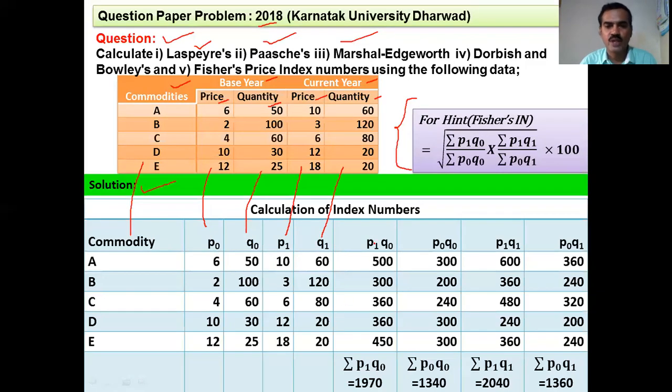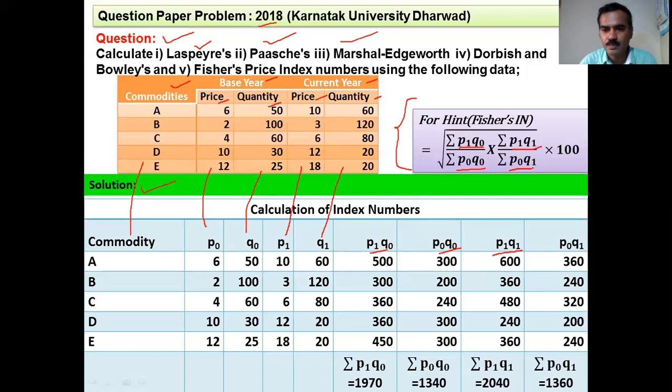After that, we take the items that are there in Fisher's index number. First P1 Q naught, so I have taken P1 Q naught here. Next P naught Q naught. Next P1 Q1.